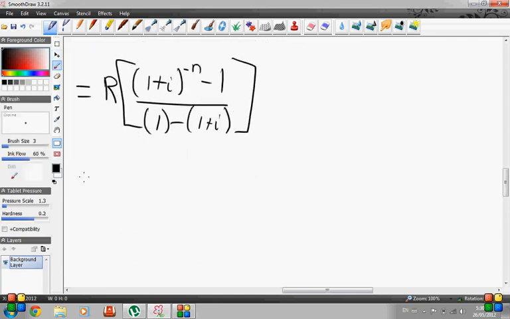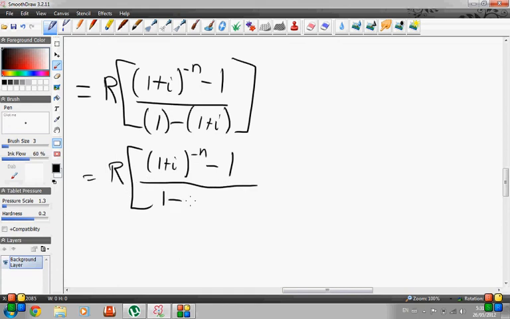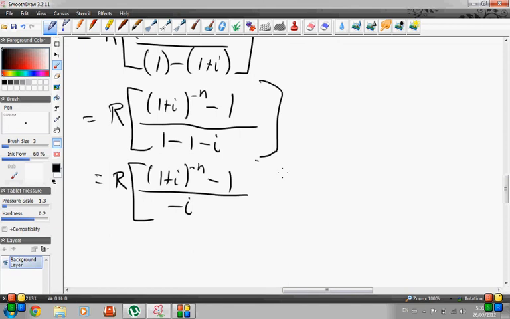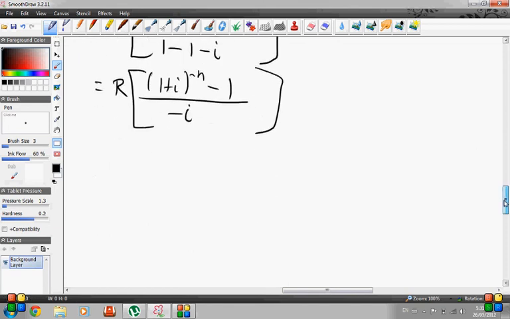If we expand that, we get r brackets 1 plus i to the negative n minus 1, over 1 minus 1 minus i, which gives us, obviously, r times (1 plus i)^(-n) minus 1, divided by negative i. Now, a negative number in the denominator is always ugly.